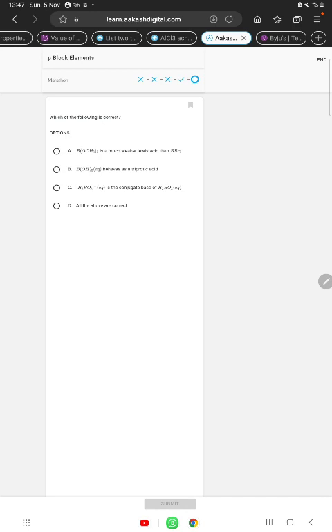Which of the following is correct? B(OCH3)3 is much weaker Lewis acid than BBr3.